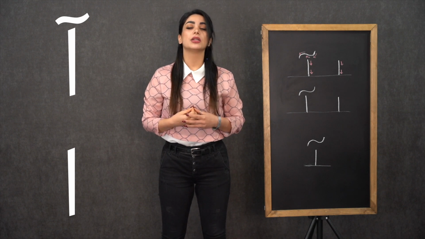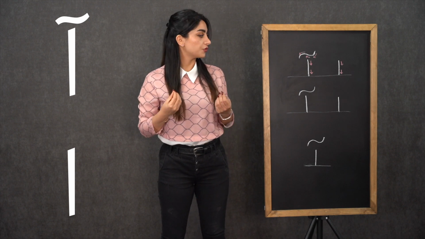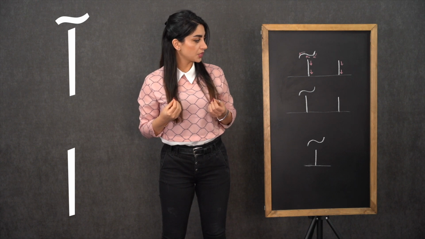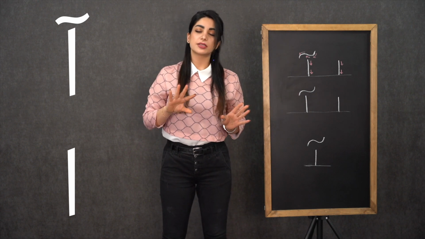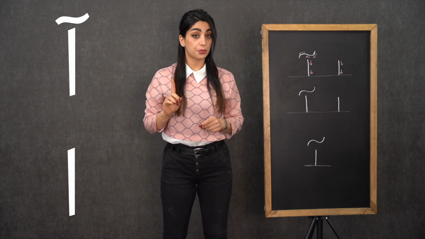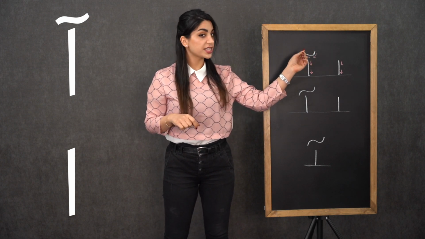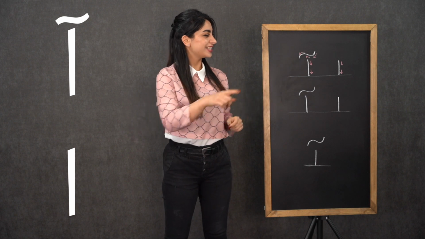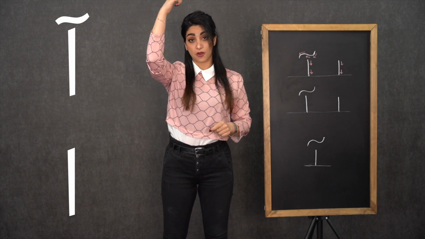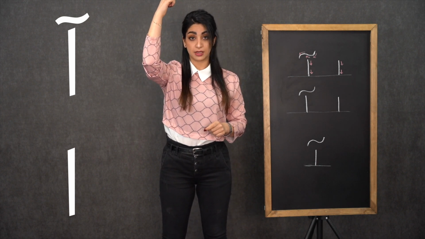Now let's go to the capital one. What do you think is the difference? What do you see? Yes, they are somehow similar to each other, but there's a hat on top of the letter.